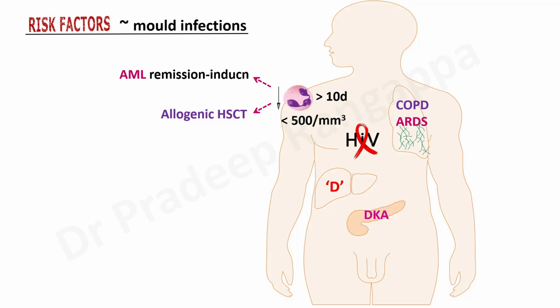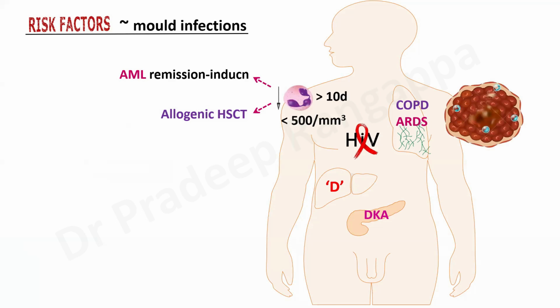It is found to occur in anyone with compromised lung function like COPD. What is learning for all our ICU trainees is that ARDS patients are also at risk of developing Aspergillus. I'll show you some studies where Aspergillus is found in a significant percentage of ARDS patients at autopsy. And those with diseased lungs like cystic fibrosis or pulmonary fibrosis are also at risk of Aspergillus.